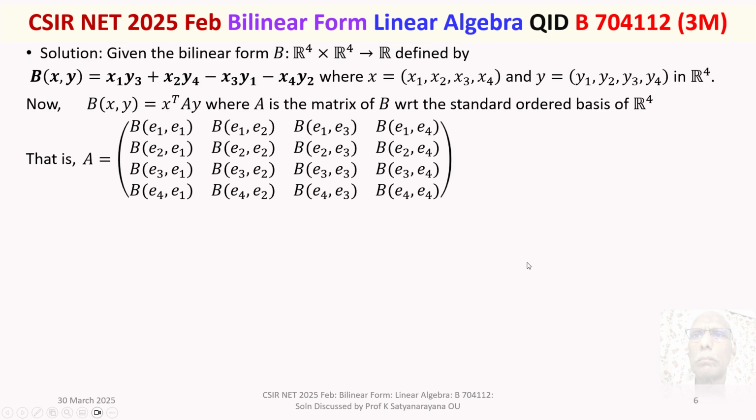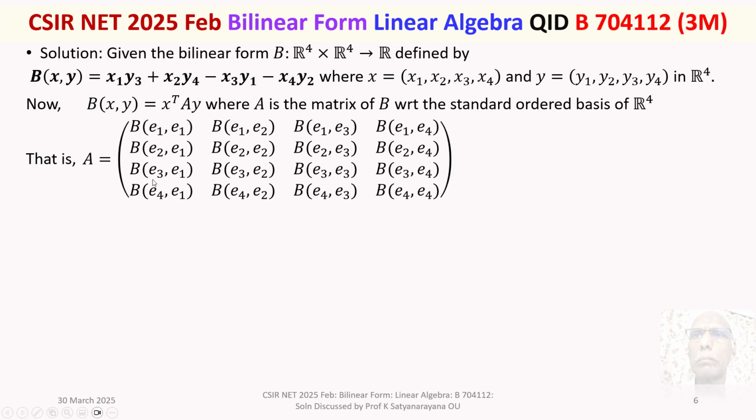So likewise, if you see B(x, y), x1 y3, the coefficient is 1. So that means B(E1, E3) must be 1. x2 y4, the coefficient is 1. So B(E2, E4) is 1. And the coefficient of x3 y1 is minus 1.